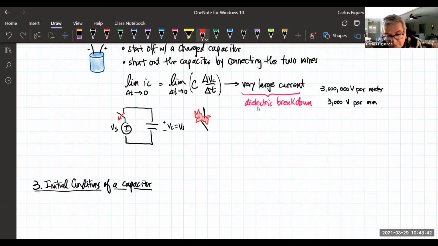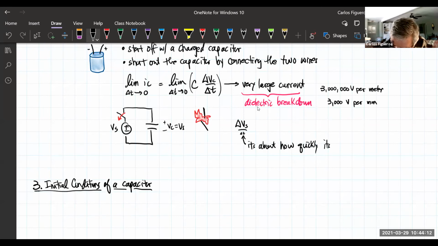Remember, it's not about Vs. It's about how quickly it's disconnected.